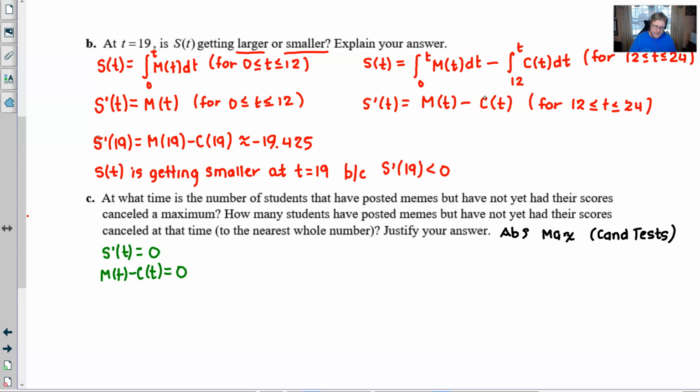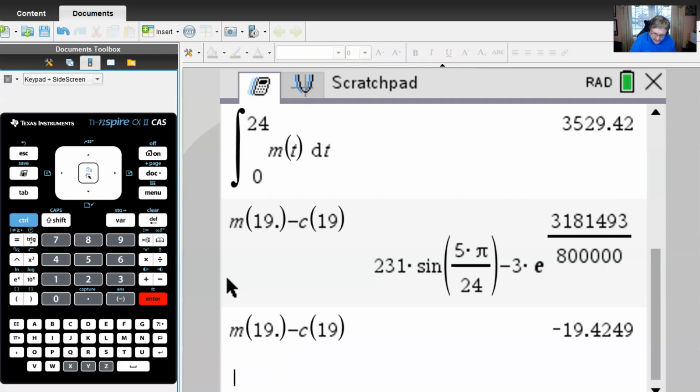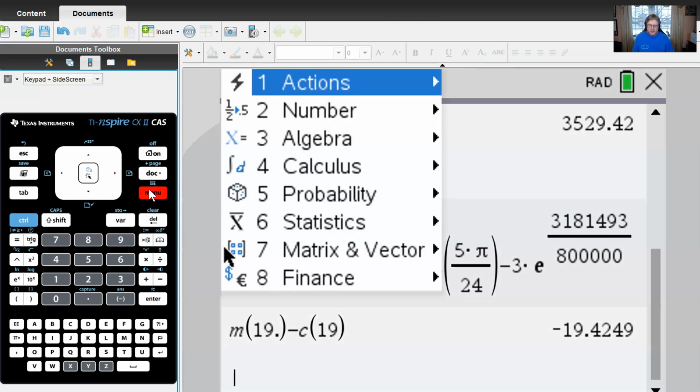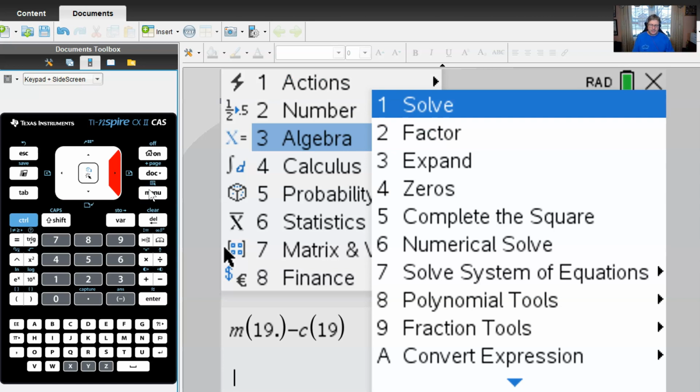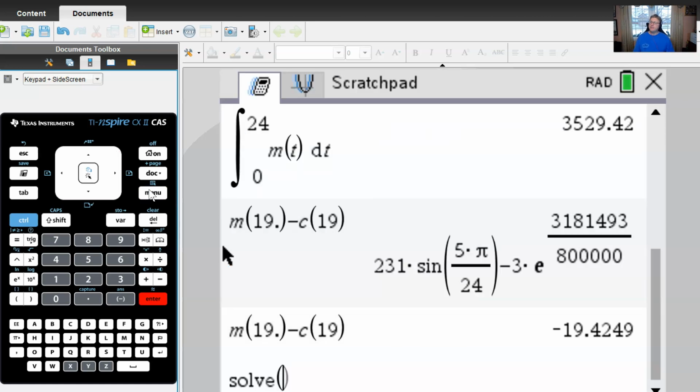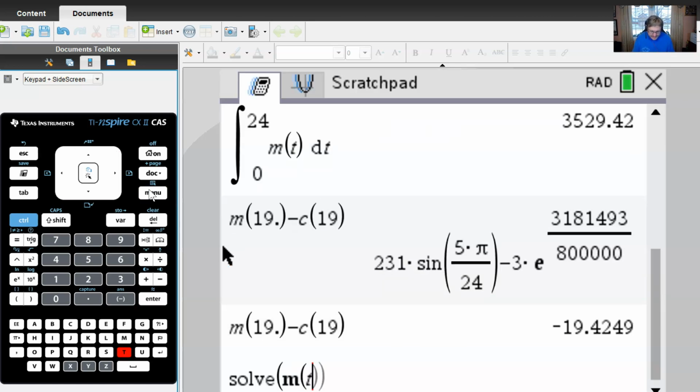So what we can do is we can go back into our calculator here, and there are two different ways that we can do this. One way is if you have a CAS calculator, you very likely can go into your menu, algebra option, and choose solve. And you can solve your m of t that you have stored minus your c of t that's stored, set equal to 0, and just tell the calculator, yep, I would like to solve this for t, please.